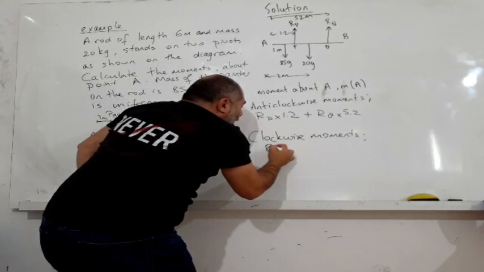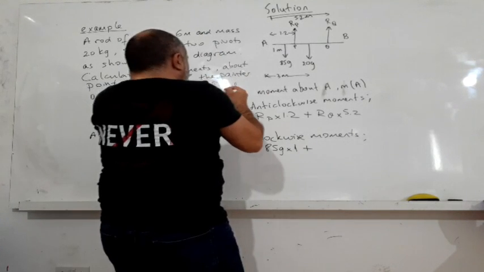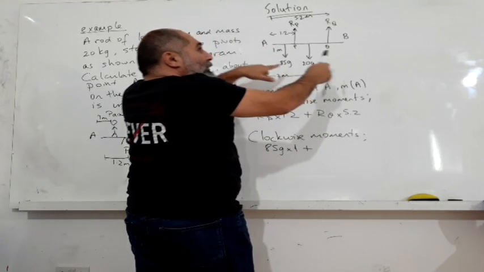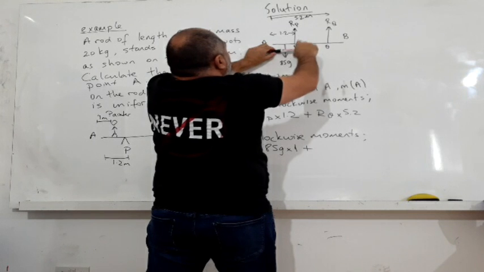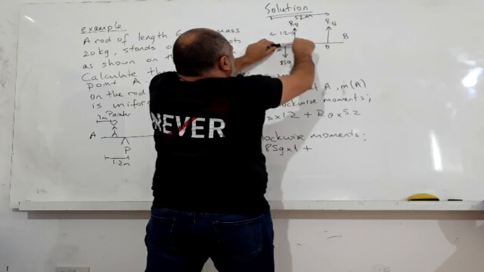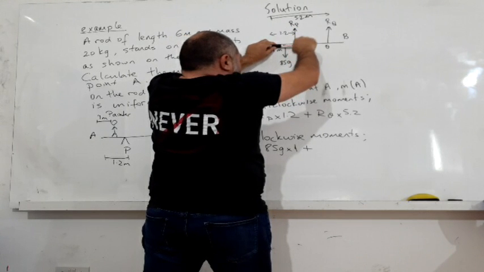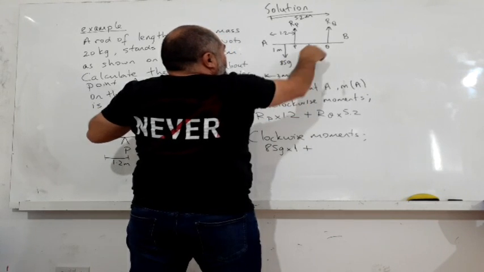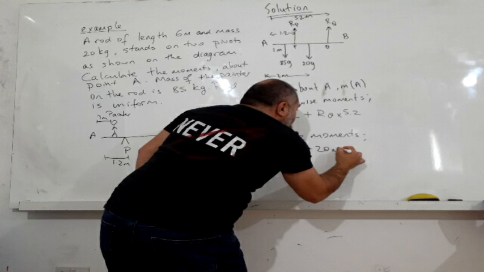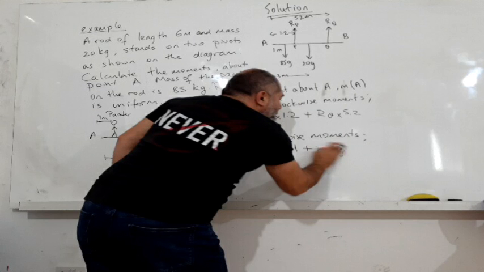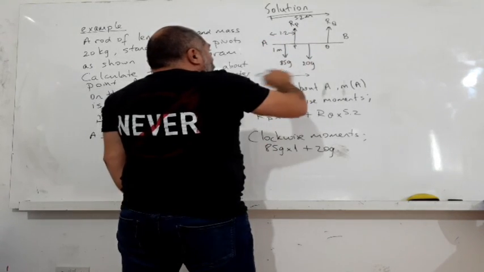And we have another force here, which was the weight of the rod, which acts at the midpoint of rod AB, which also pushes the rod AB downwards, which tries to turn the rod AB in the clockwise direction, and its distance is 3 meters and force is 20 G. So the total moment of the weight of the rod is 20 G times its distance, which is 3.